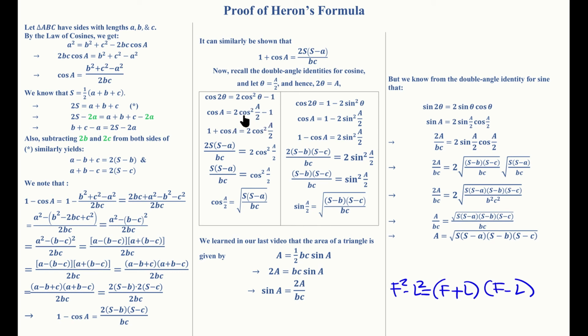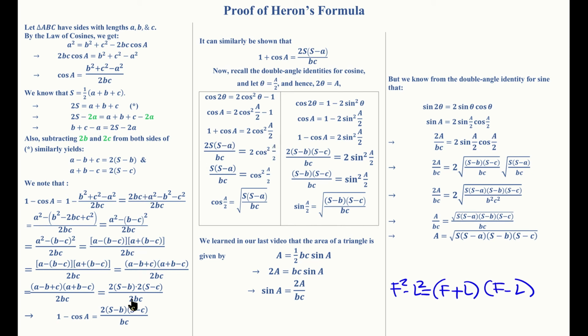So this expression now becomes this, and if we move the negative 1 to the other side, which is basically the same as adding 1 to both sides, we end up with 1 plus cosine a equals 2 cosine squared of a over 2.